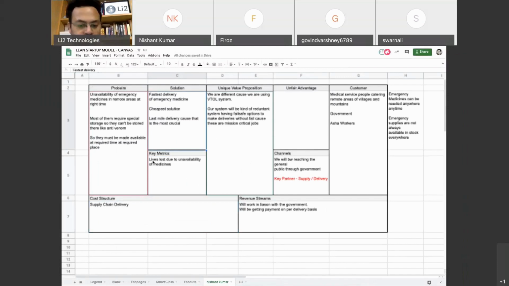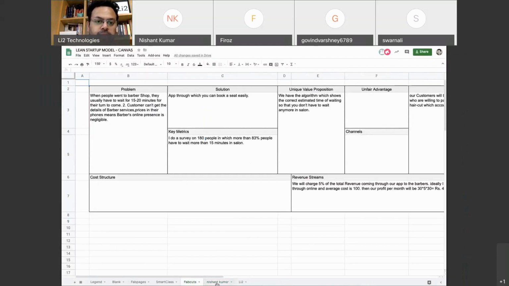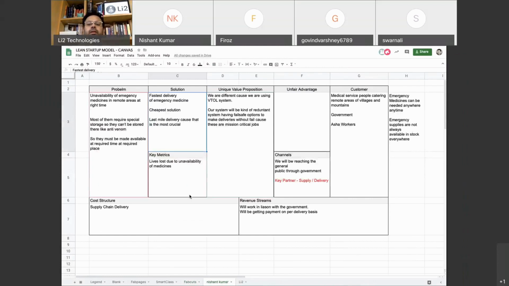So here in the lean startup structure, we just have flipped this whole thing around, right? So here we were in Nishant's project idea, and here we saw that we assume that the customer is going to be government, medical service people, catering to remote areas and villages, and ASHA workers, right?